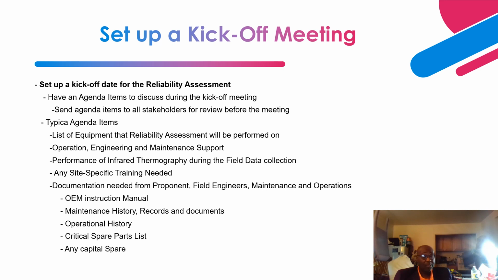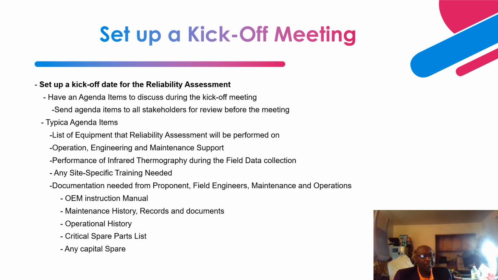A particular example is the operating parameters of this equipment, or the last time reliability assessment was performed, and it's time to perform the next one. These are some of the examples of documentation that you need to provide to your stakeholders, because they'll be asking you, why do you need to perform reliability assessment on this equipment? As a professional engineer or as a discipline engineer, you need to have data to support that.